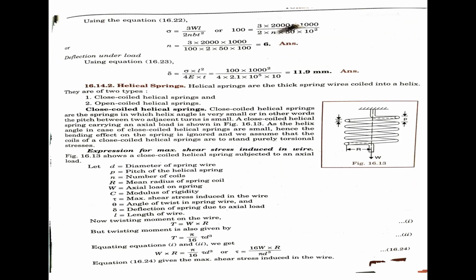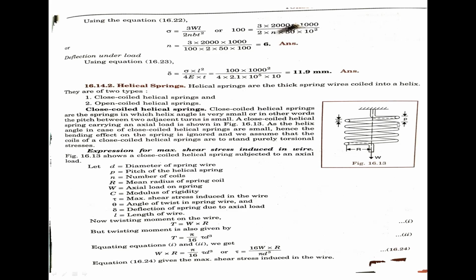The closed coil helical springs are the springs in which the helical angle is very small. In other words, the pitch between two adjacent turns is small. Pitch means the distance from wire to wire in the closed coil helical spring.